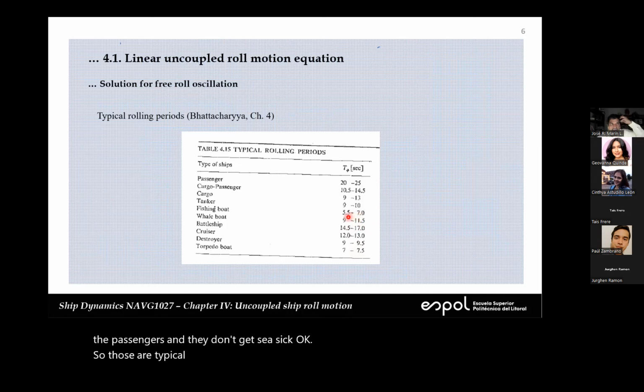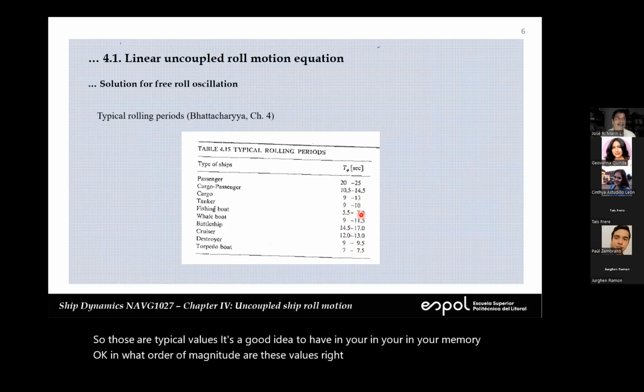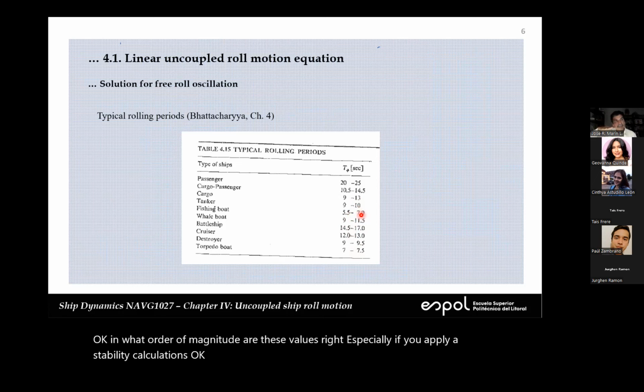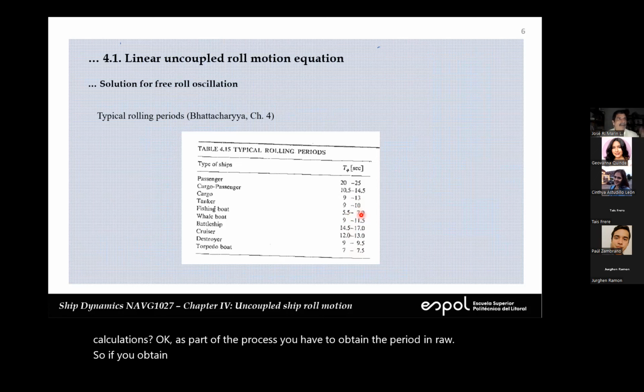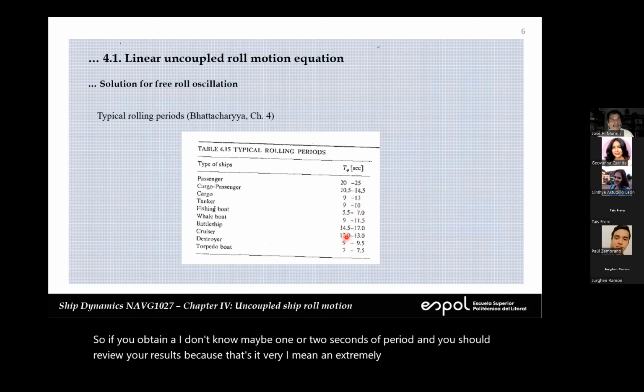It's a good idea to have them in your memory, the order of magnitude of these values, especially if you apply stability calculations. As part of the process, you have to obtain the period in roll. If you obtain, I don't know, maybe 1 or 2 seconds of period, you should review your results, because that's an extremely low value of roll period.